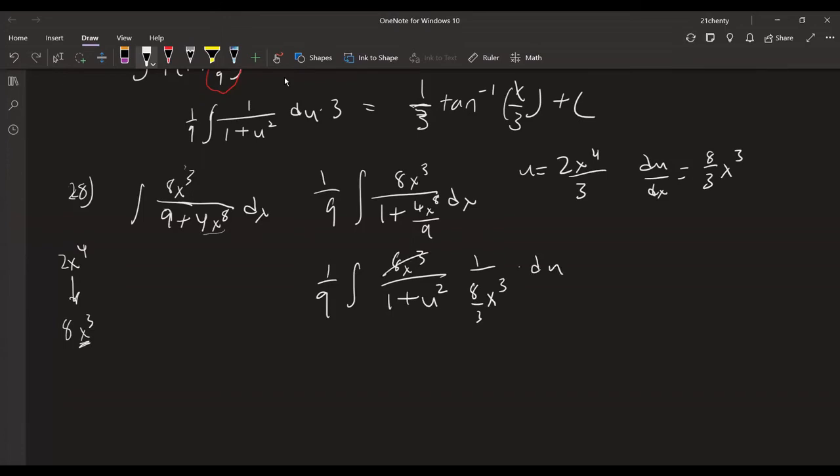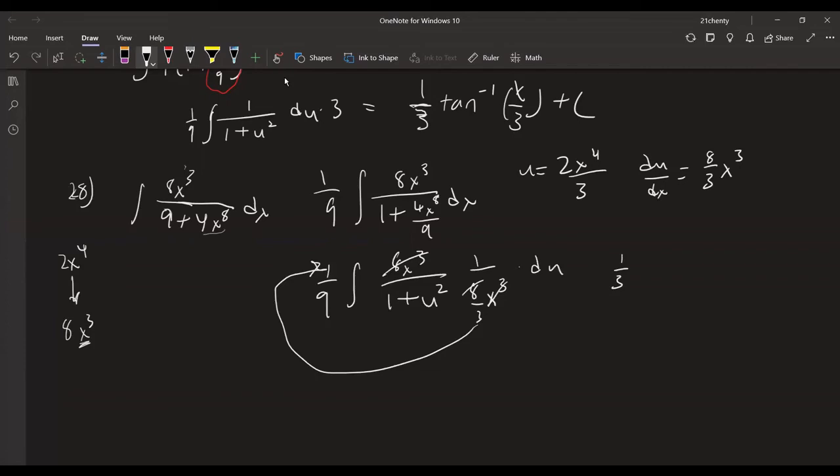So this cancels with this. And then this 3 will actually go here, since it's 1 over 1 over 3, which is just 3. And that makes 3/9, which becomes 1/3. So 1/3.